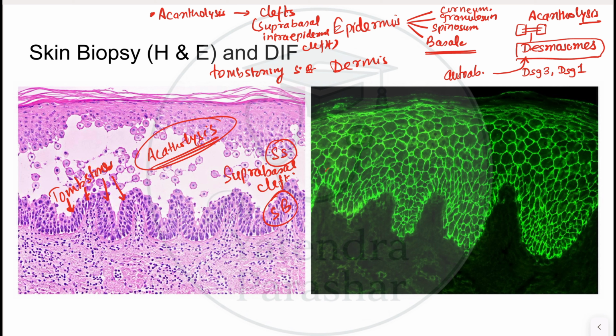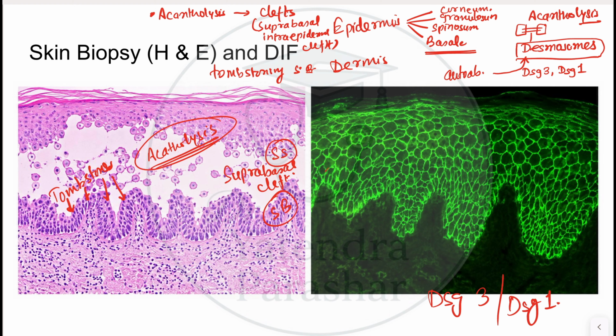This image is showing the IgG immunoglobulin deposits on the cell surface of keratinocytes. They bind with desmoglein 3 or desmoglein 1.